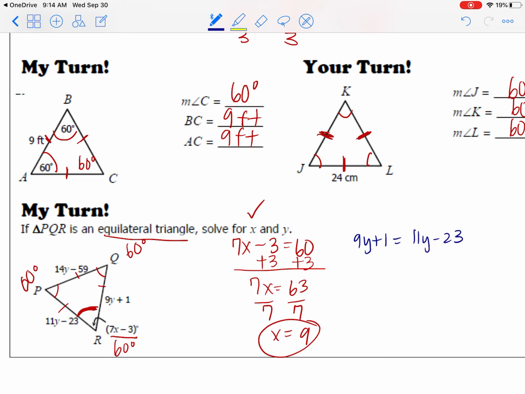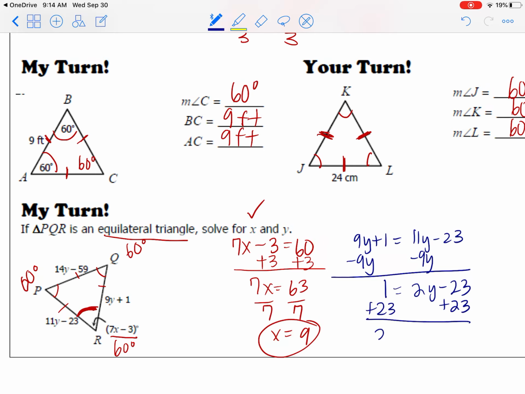Because you have y terms on both sides of the equal sign, move the smallest one, minus 9y. So 1 equals 2y minus 23. And once again, this is a two-step equation, so get rid of the constant. It's 24 equals 2y. Get rid of the coefficient, so y equals 12.